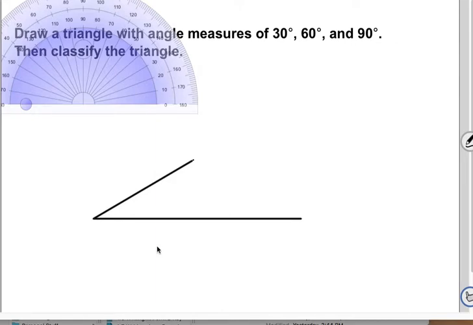Okay, so we had to have a 30, a 60, and a 90.